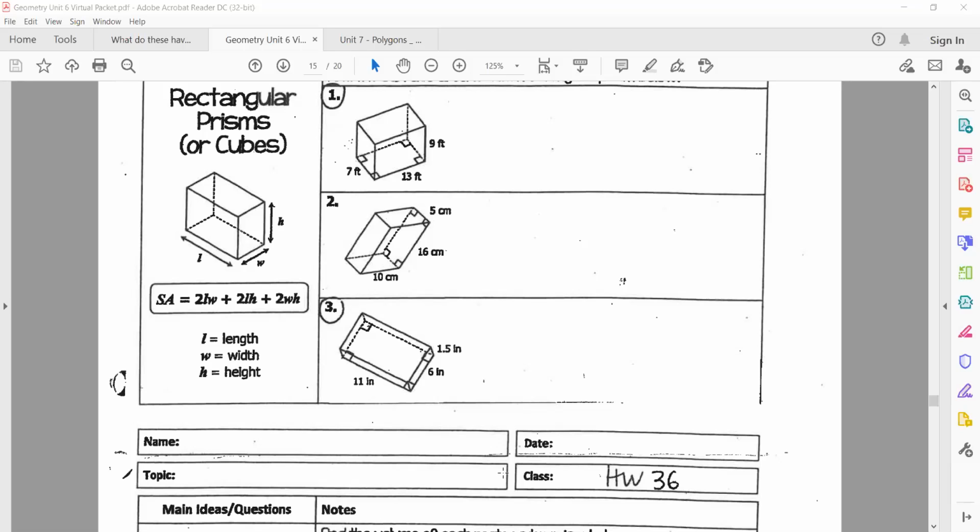You know what surface area of it? Okay, that's what we're doing right now. We're doing the surface area of problem number 2.